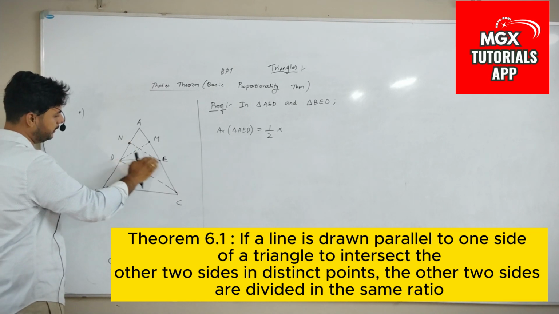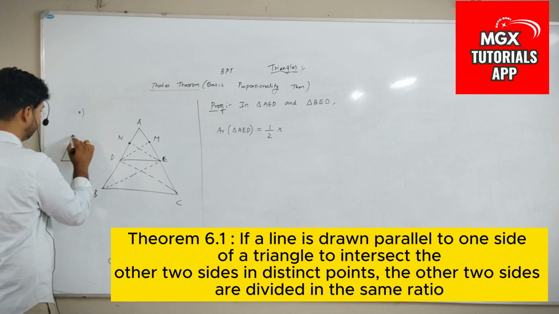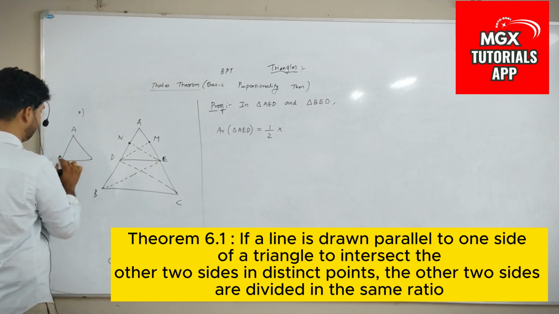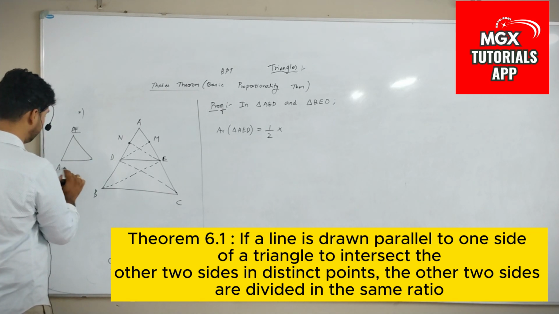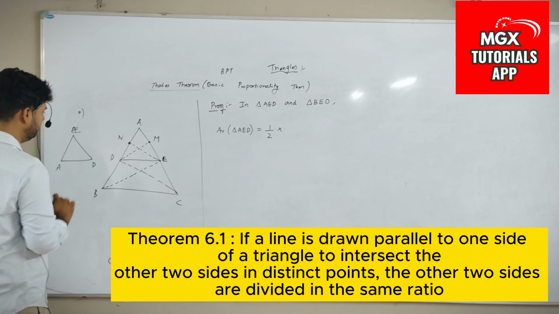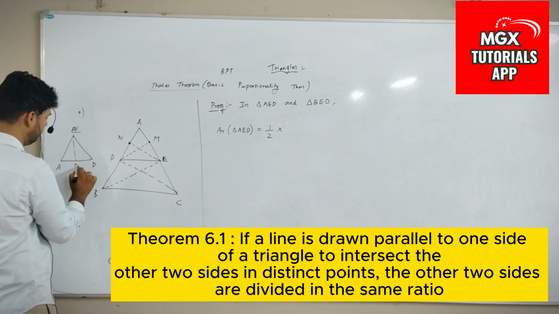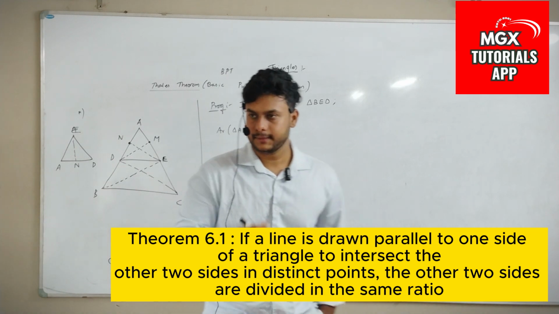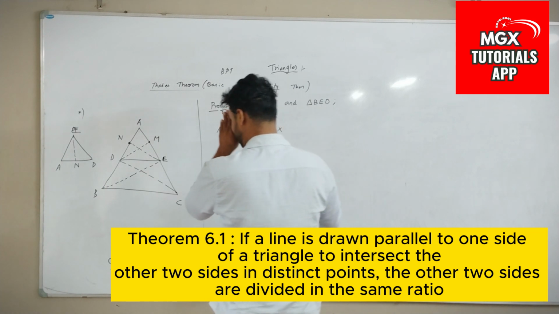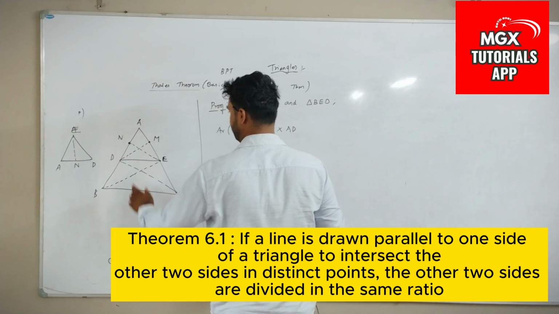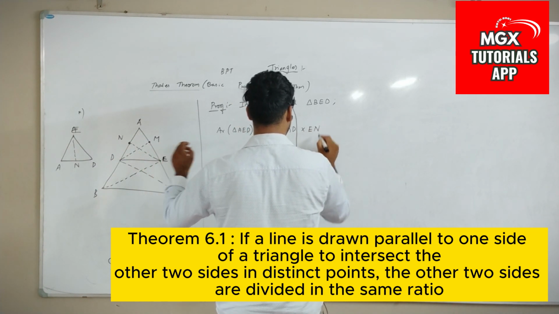If AD is the base, NE is the height. So this is the base, this is the height. Half into base AD into height EN or NE, both are the same. Any doubts?